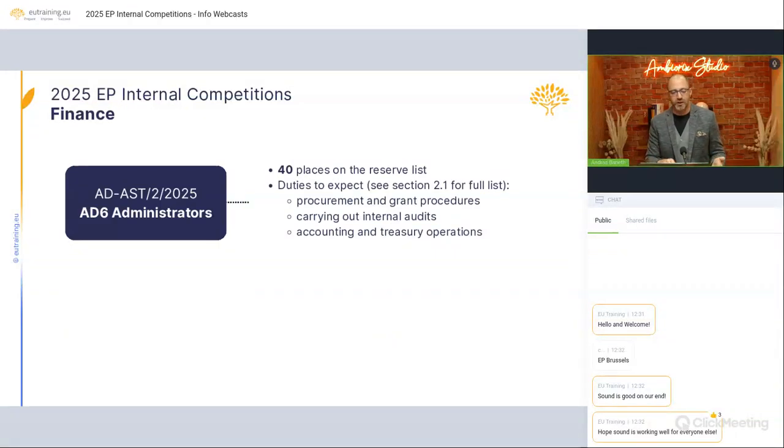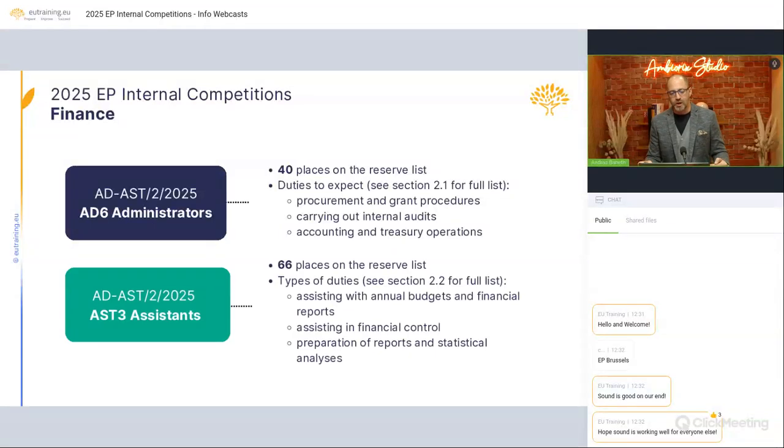Another area is the finance. So you have here the very similar reference, so ADAST number 2, 2025, where again, you have an AD6 and you have an AST3 level with somewhat similar proportions. So for the AST3, you have slightly fewer places than you had for the HR profile.